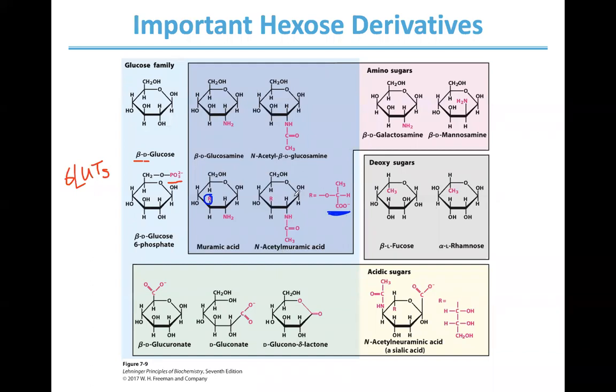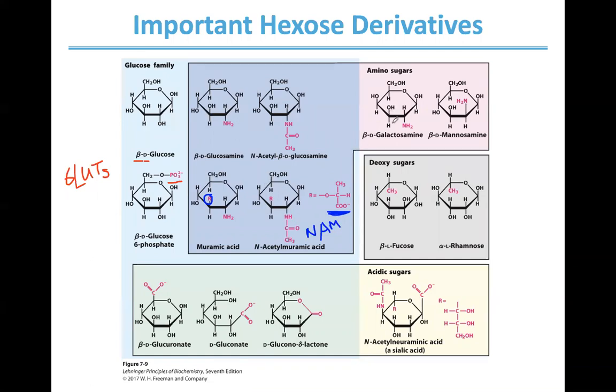And N-acetylmuramic acid is a very important component of a cell wall in bacteria, right? Remember we talked about NAM and NAG, right? So this is NAM, N-acetylmuramic acid. Okay, so it's a derivative of glucose.